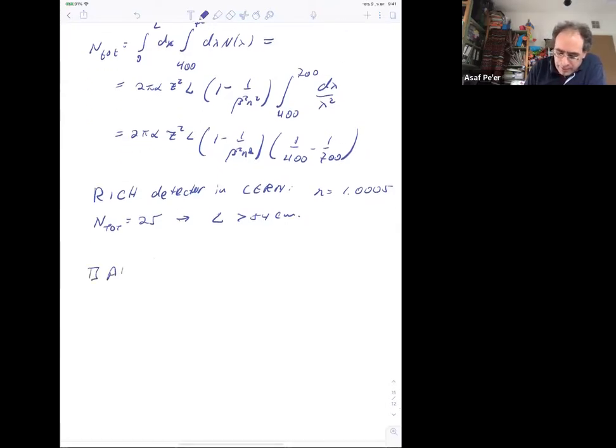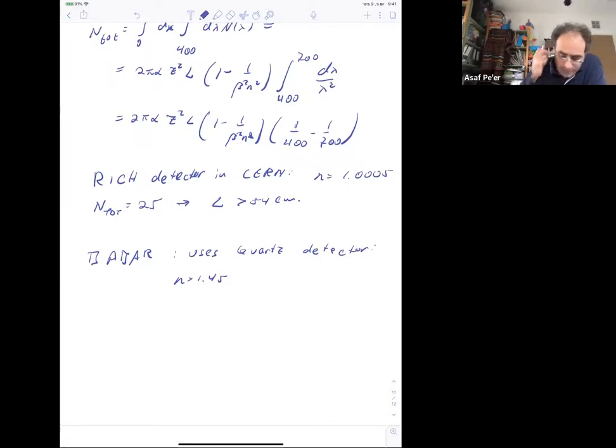Just to give you the numbers, the BaBar experiment has a quartz detector, where n is 1.45, and that means that one can measure particles with beta of 0.97. The size of the detector, by the way, is just 5 centimeters.